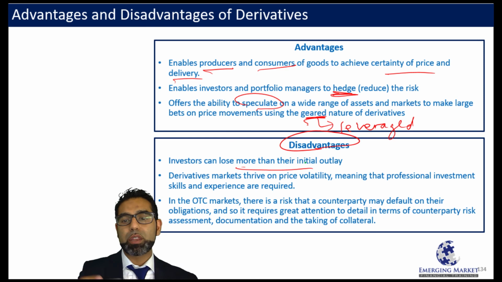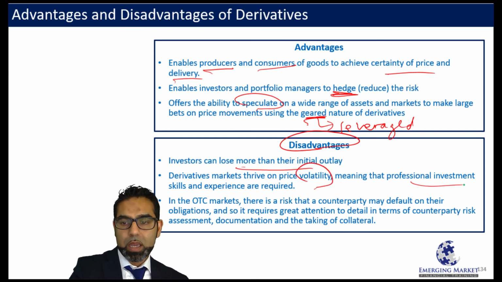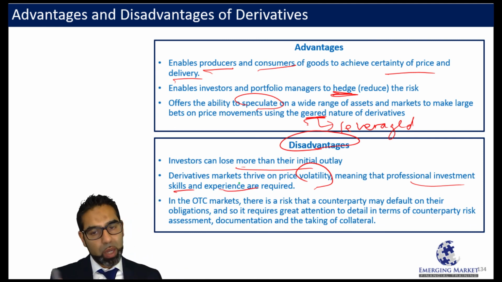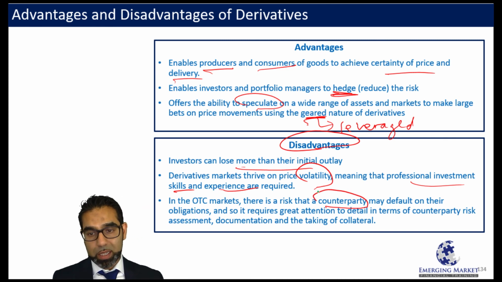Derivatives markets thrive on price volatility. That's the biggest driver of their price, meaning that professional skills and experience are required. In most countries, you cannot trade derivatives unless you have some professional experience. And in the OTC market, we mentioned there is counterparty risk. You're facing the next Lehman Brothers.